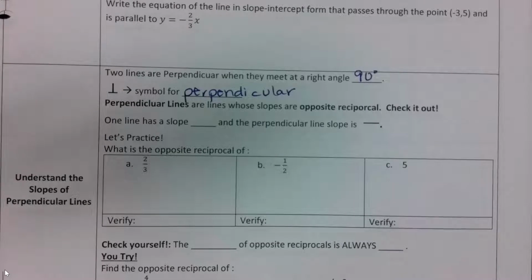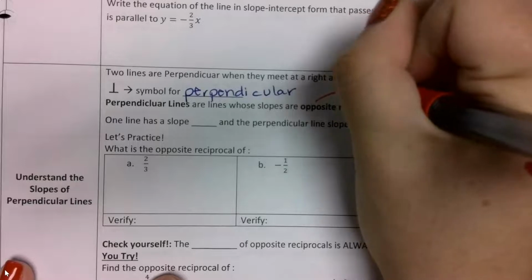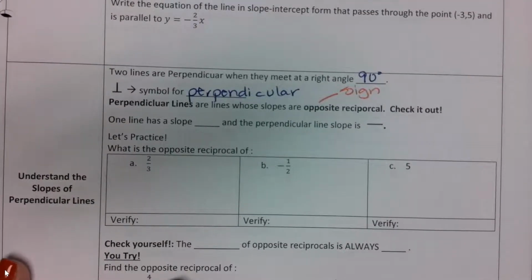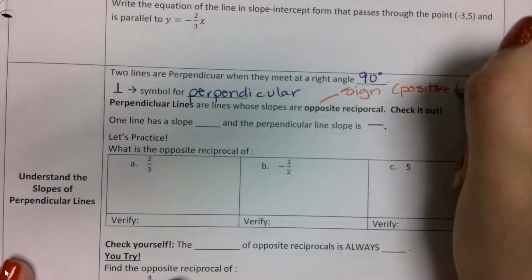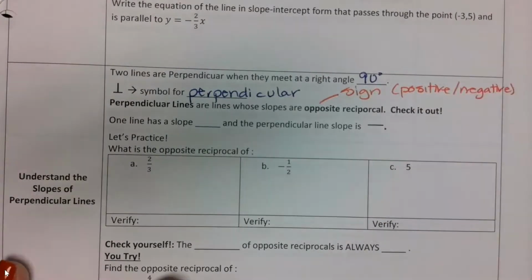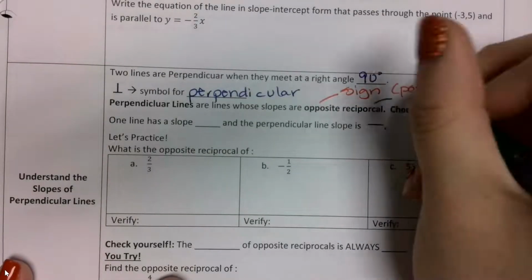Perpendicular lines have slopes that are opposite reciprocals. Opposite means opposite sign. So one's going to be positive, one's going to be negative. And reciprocal, remember, is you flip the fraction.